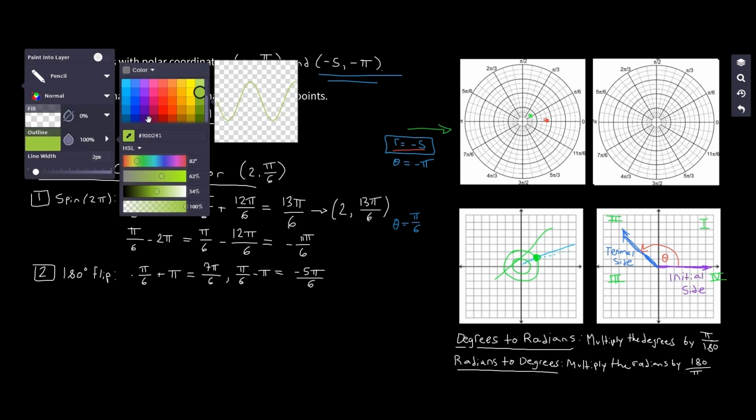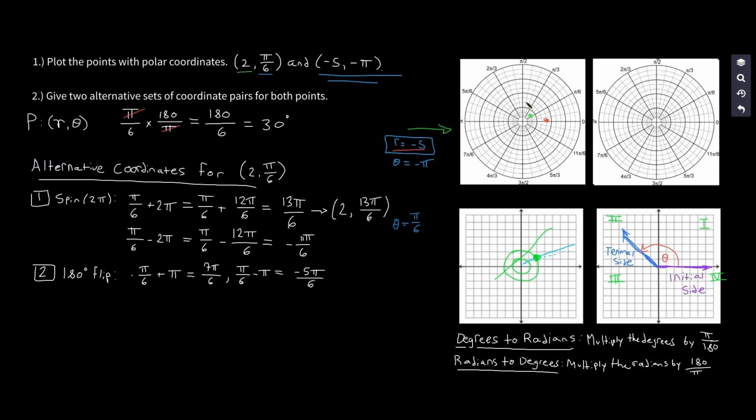It's symmetrical, at the exact opposite point. So we're doing 180 degrees in the clockwise direction, which means it's positive. So we're going from here to here.